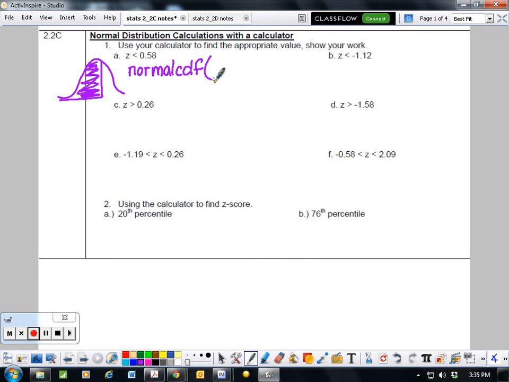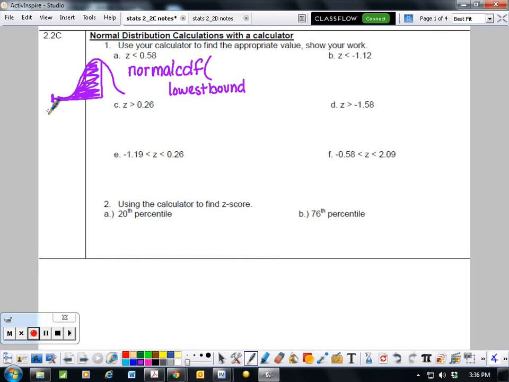And I want you to find my percentage or proportion between, and this is what we call a lowest bound. So we start with lowest bound, and that is the lowest value that I want here. And so in my normal curve, that's usually right around -4, but to be safe, we always say just pick something really, really low.